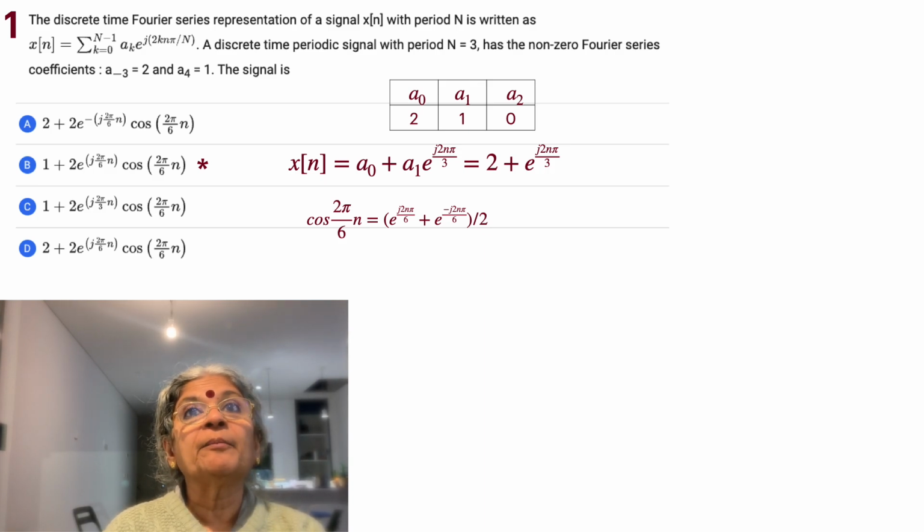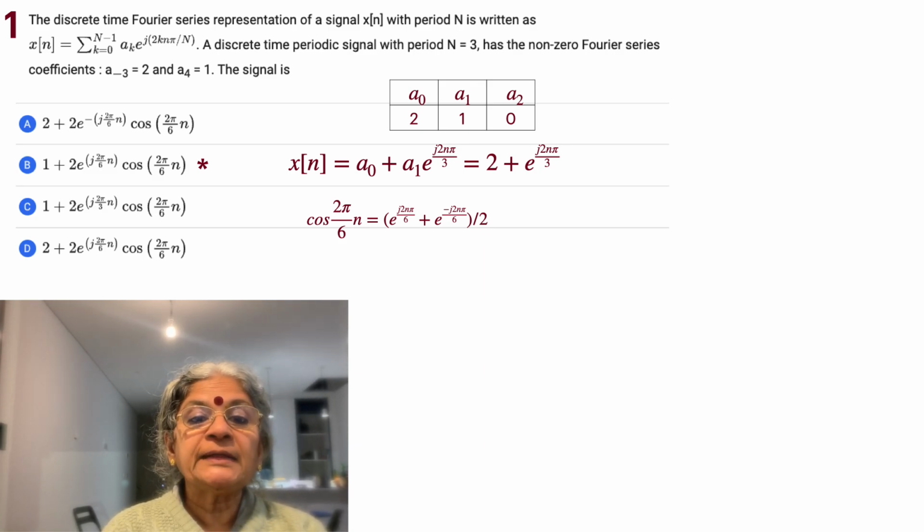So it depends upon the number of samples that are there in the function. Okay, and it's explained as a_k e raised to j 2 pi k n by capital N, where N refers to the period of a discrete function.